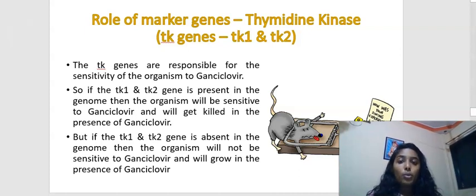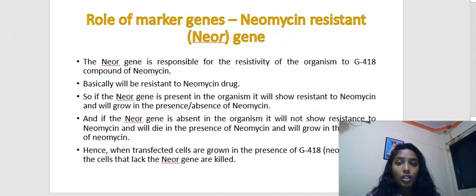The opposite scenario is for the next gene, the neo-R gene. If the organism has the neo-R gene, it will be resistant to the neomycin drug if it is present in the media, and it will survive. So these two markers play a very important role in the selection.